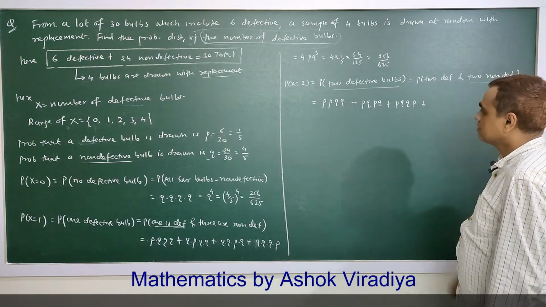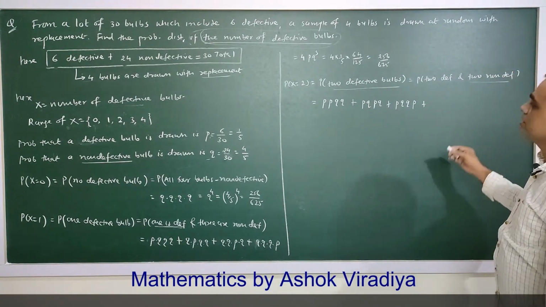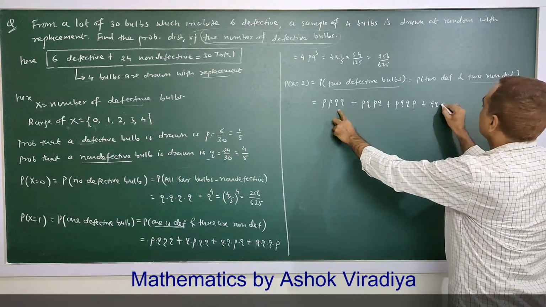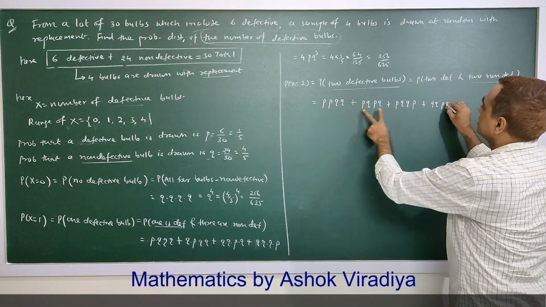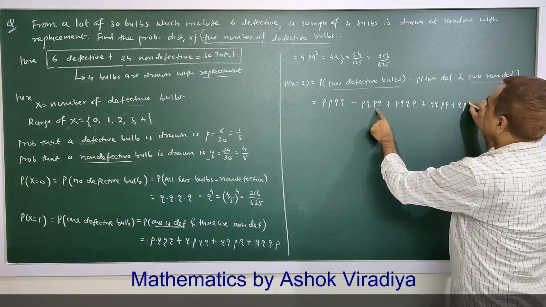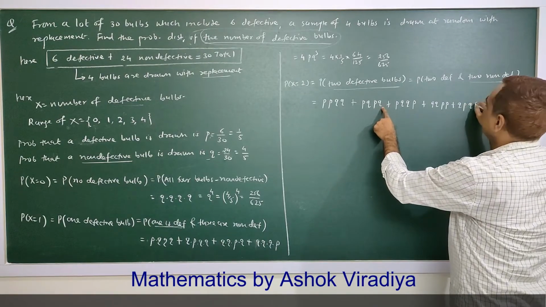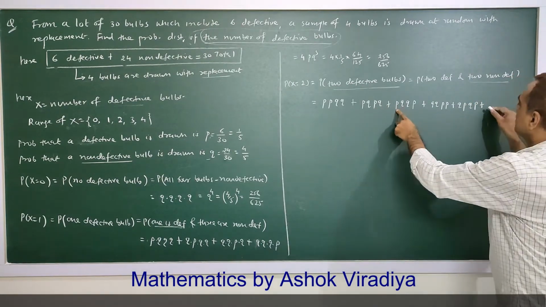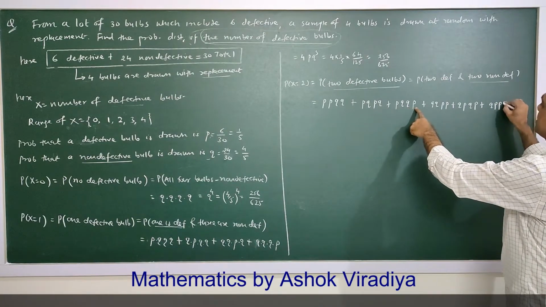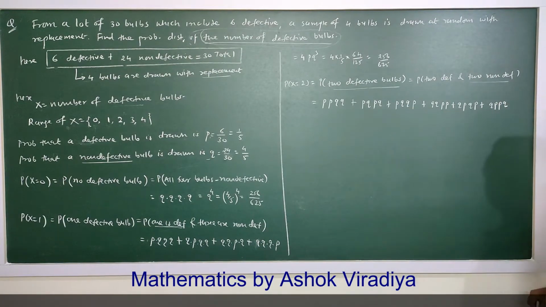Or now here I put Q, Q, P, P. Then here I keep Q, P, Q, P, plus Q, P, P, Q. No repetition should appear.